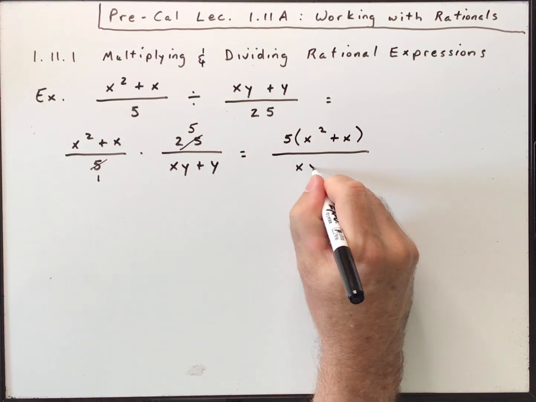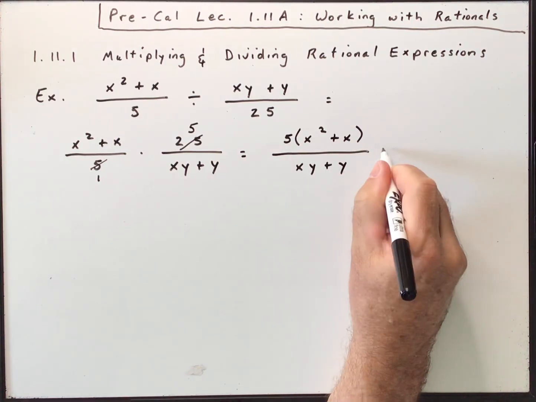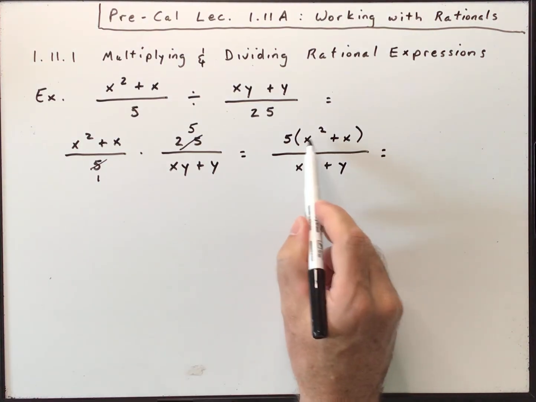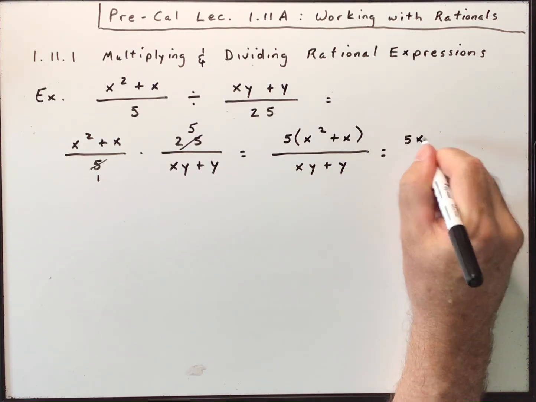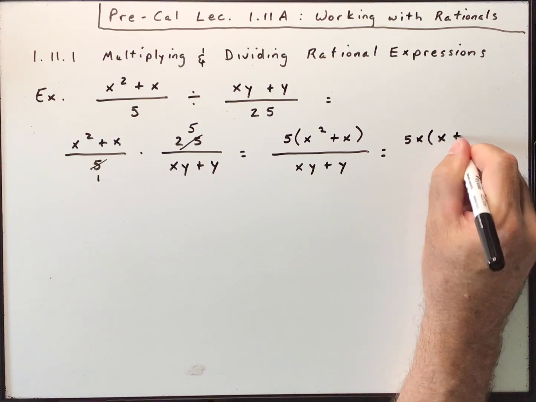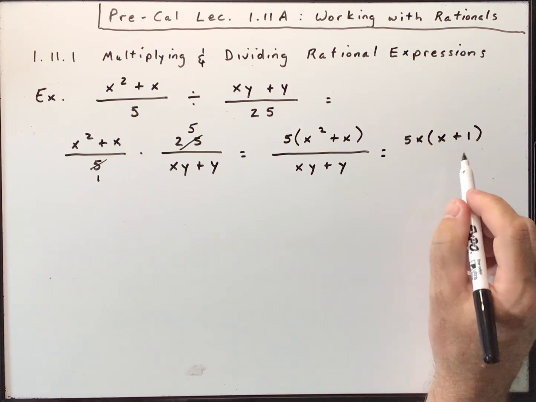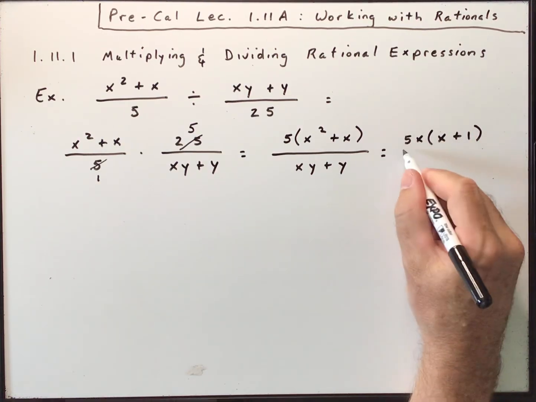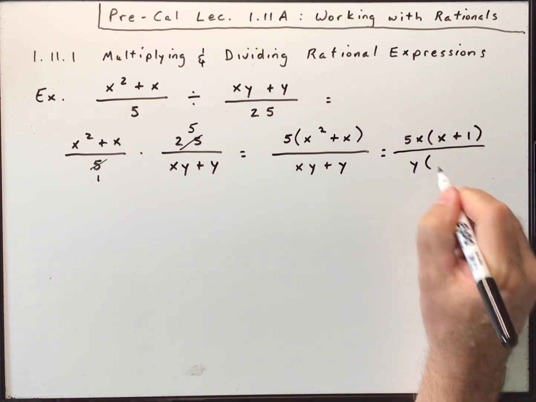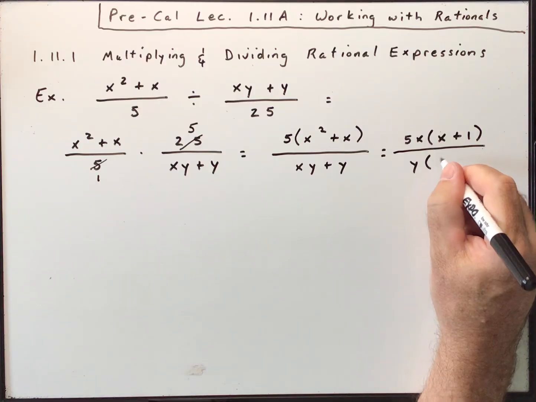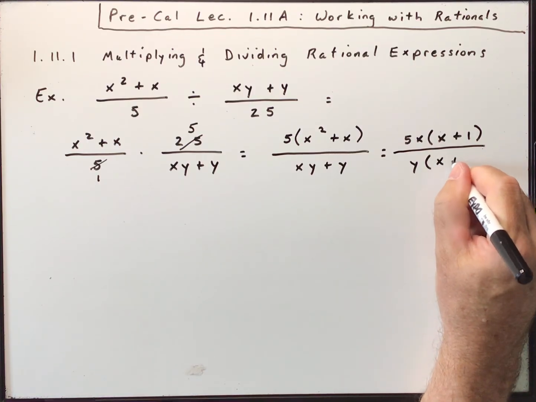over xy plus y. Well, we could do a little bit of factoring out here. How about we factor an x out of this top parenthesis? So that'd be 5x, and what's left would be x plus 1. All right, just distribute to make sure, if you need to make sure that that works. And we could factor a y out of this first term, and then you would have x plus 1 also.